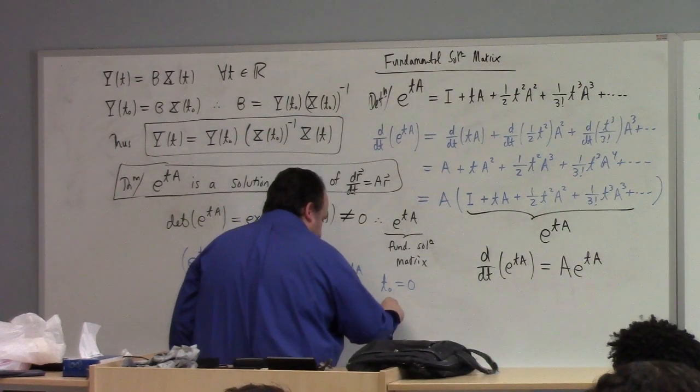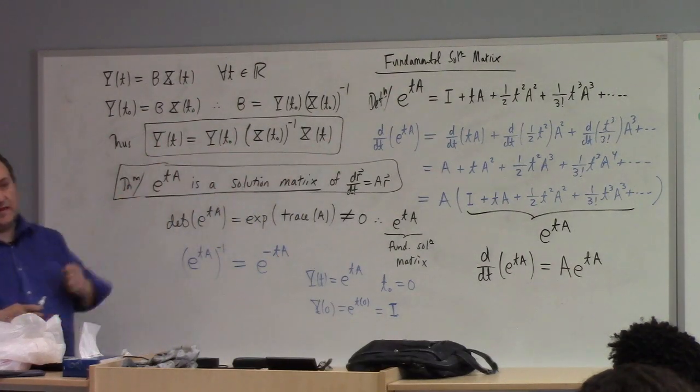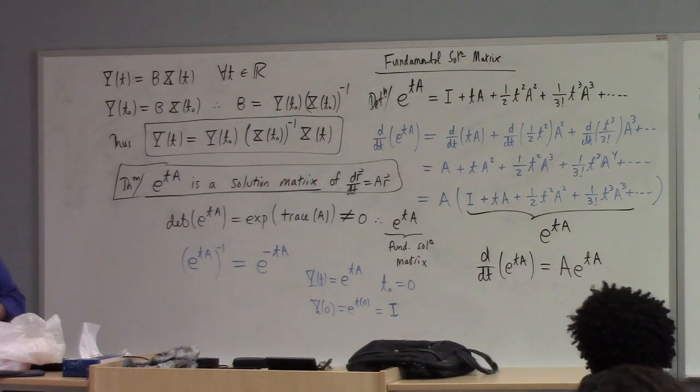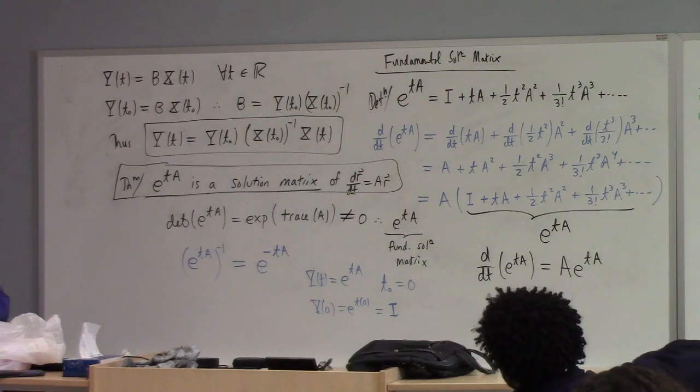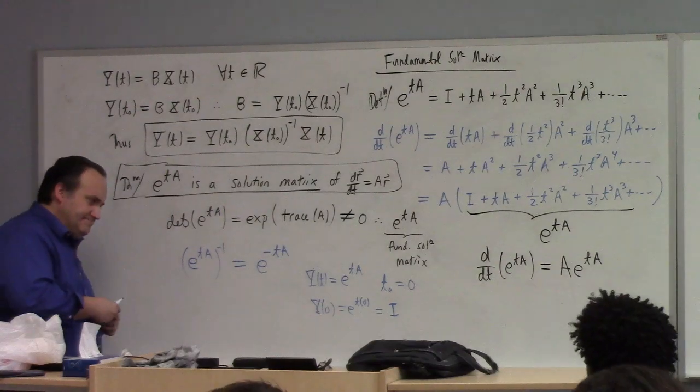It is, well, not 1, but the identity matrix. See that series, it just becomes the first thing if we plug in times 0. So the matrix exponential of the 0 matrix is the identity matrix.